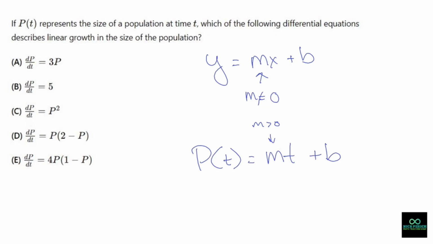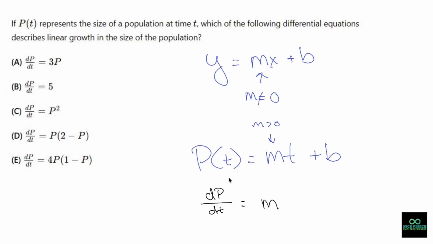Okay? So that's linear growth, which means in order to take the derivative of that, we would get the derivative, which is dP/dt, is going to equal the derivative of m times t is just going to be m, and then the b disappears because a constant just goes away.